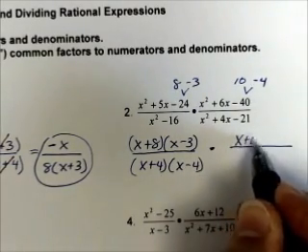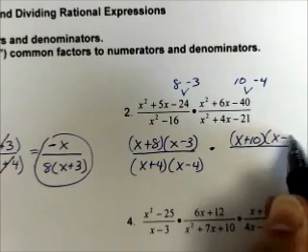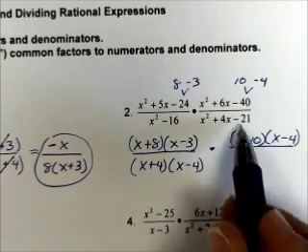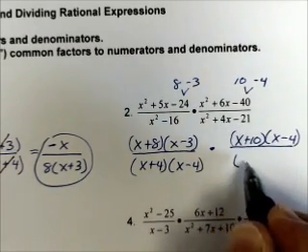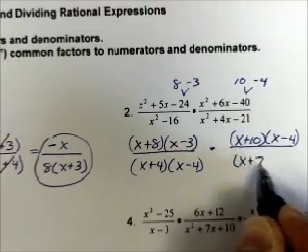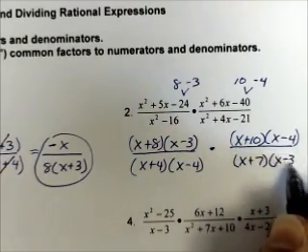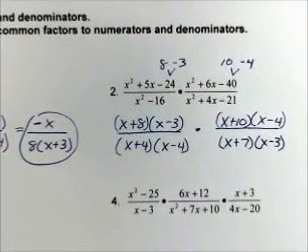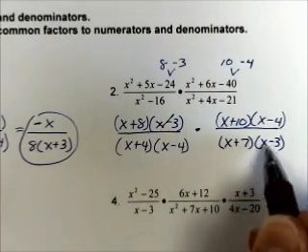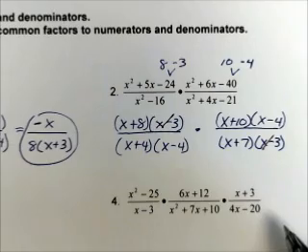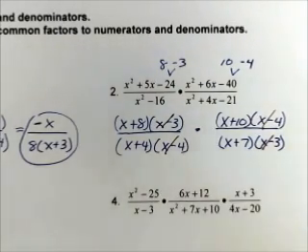So (x plus 10) times (x minus 4). And our denominator, factors of negative 21 that add to 4 are positive 7 and negative 3. Okay, so what's common? x minus 3, x minus 3. x minus 4, x minus 4. And that happens to be all that's common.